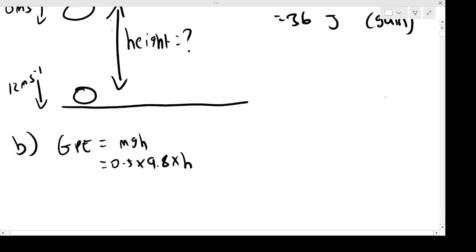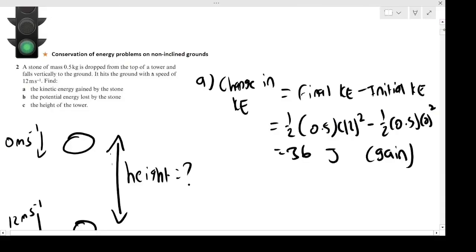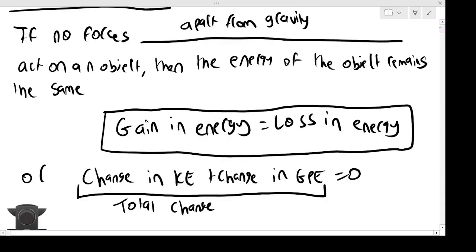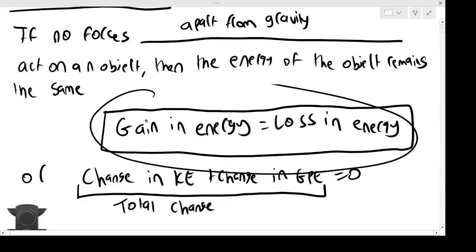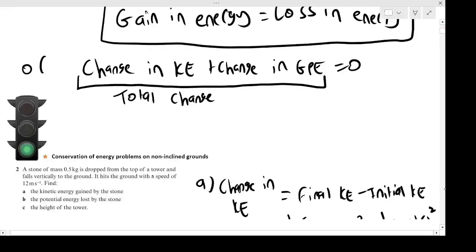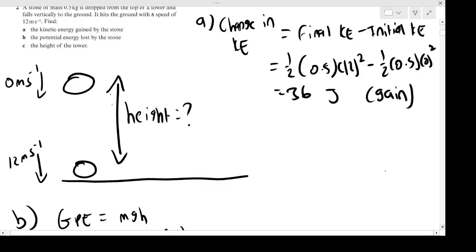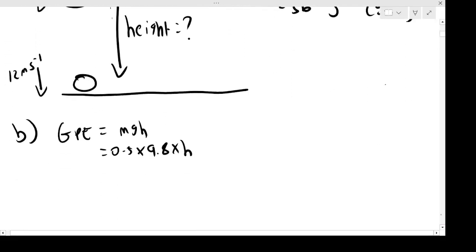Well, actually, this is where conservation of energy comes into play, because if we look at what we've just discussed here, we know that the gain in energy is the loss in energy. So I just note that here: gain in energy equals loss in energy.